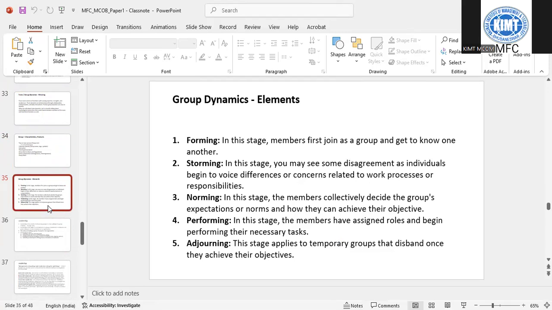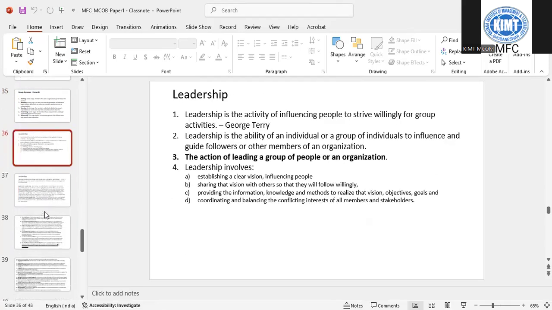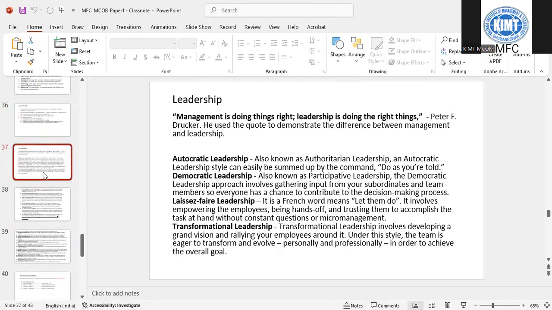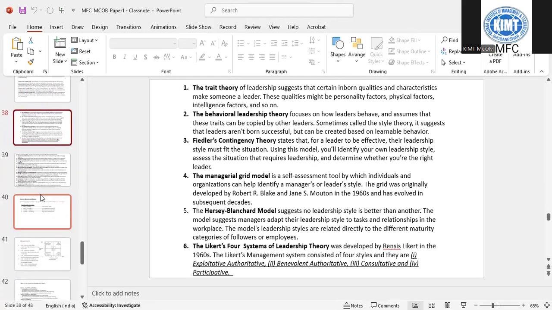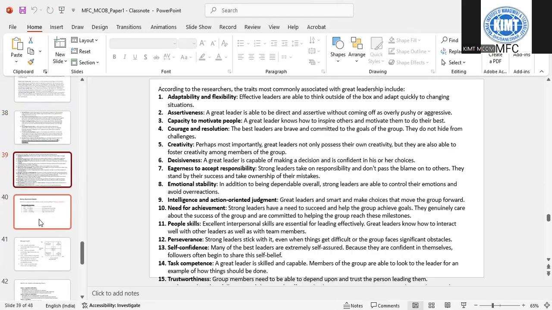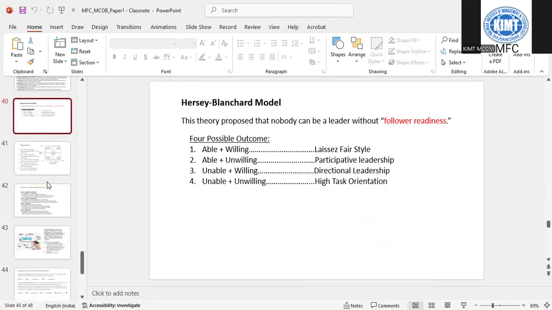We also studied groups and teams, leadership, what are the different types of leadership, what are the different traits of leadership quality, and different leadership patterns, different leadership models.